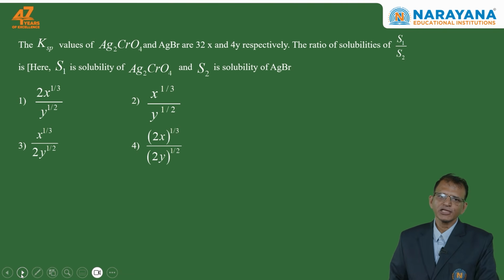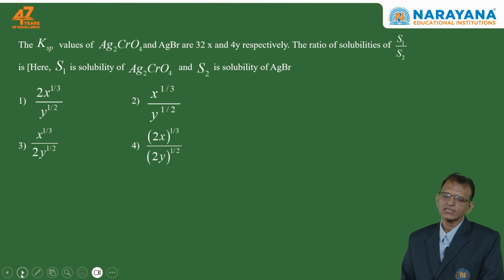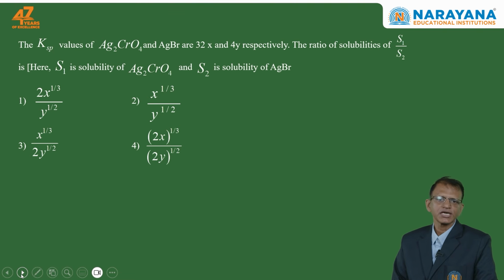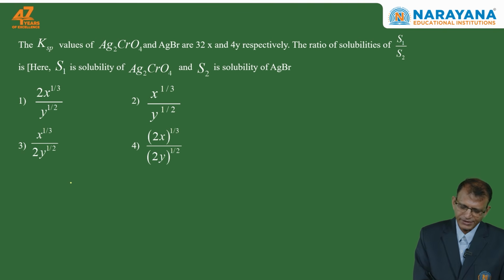The Ksp values of Ag2CrO4 and AgBr are 32x and 4y respectively. Ratio of solubilities S1 upon S2, where S1 is the solubility of Ag2CrO4 and S2 is the solubility of AgBr. So again we can write here for Ag2CrO4 the relation between solubility product and solubility.